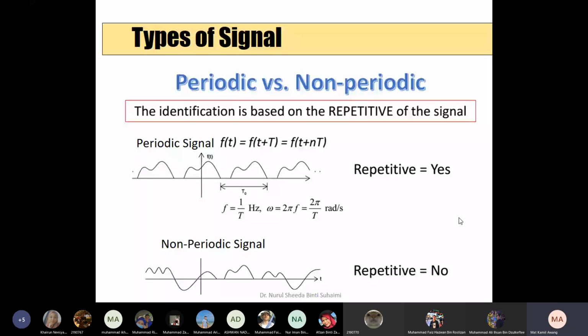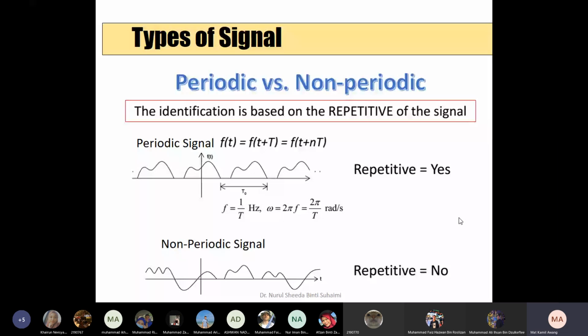And it's also equal to f of t plus nT. So it's repetitive n times. And the frequency is calculated as f equal to 1 over T, 1 over the time period, and the unit is hertz. Or if it's in omega, 2 pi f is equal to 2 pi over T. Units is radian per second.